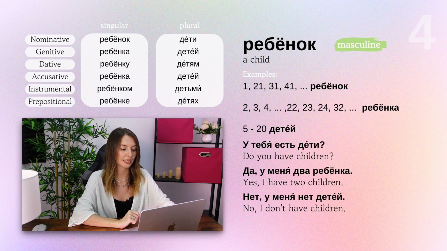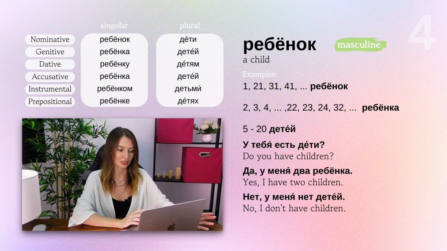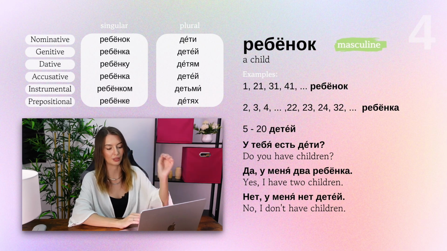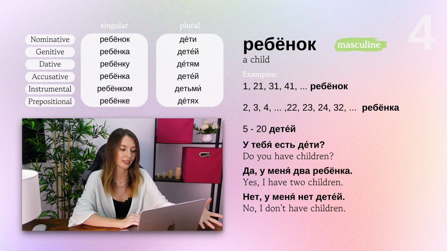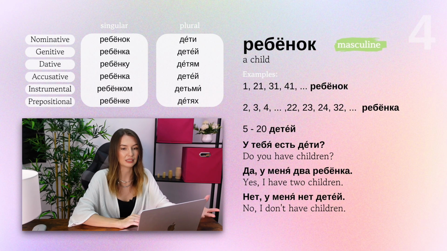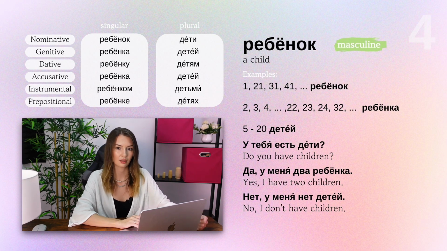Our next word is ребёнок. Soft ре. Ребёнок. Pay attention to the letter yo, because native speakers often don't write the two dots above ye. So you can see this word written with two ye. The plural form for ребёнок is дети.